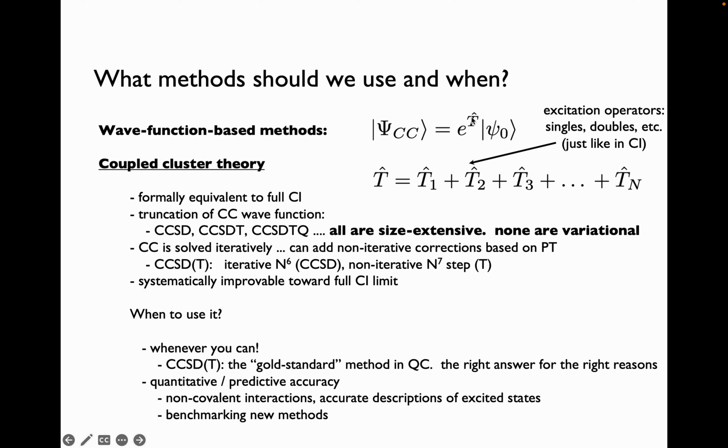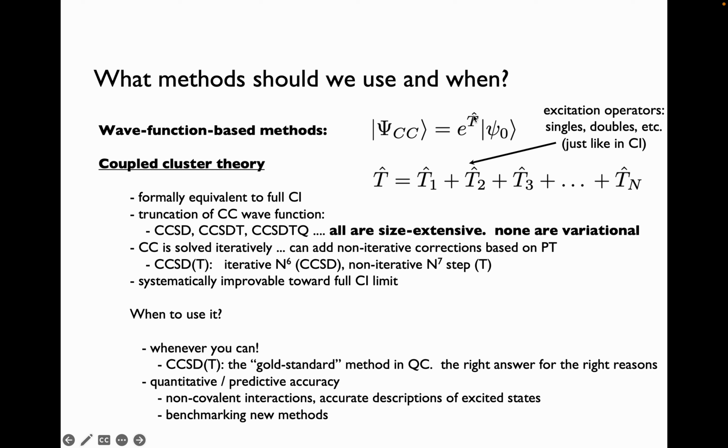But this T-hat operator is a sum of excitation operators. If I were to directly apply this T-hat to a reference ket in a linear way, I would get configuration interaction theory.